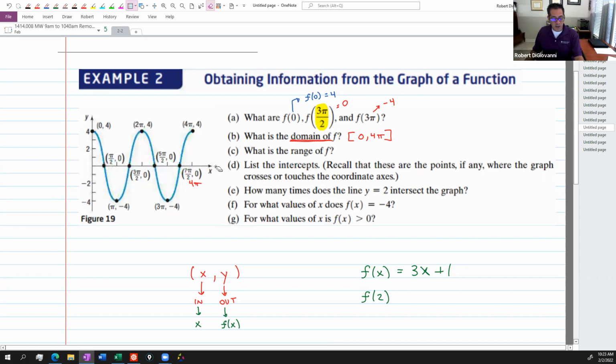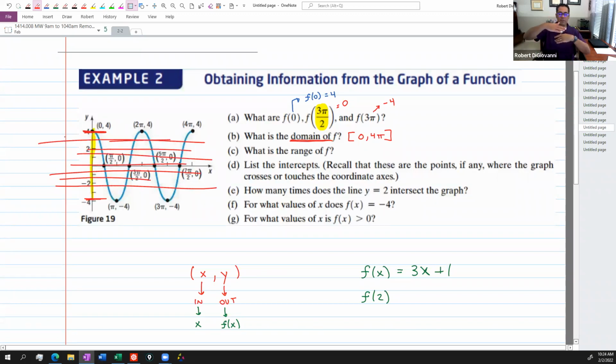Now, range is the opposite of that. Instead of looking on the x-axis and looking up and down, you go to the y-axis and you look left or right. And I hope that you see that here to here, if you look left and right, you've got graph in there.